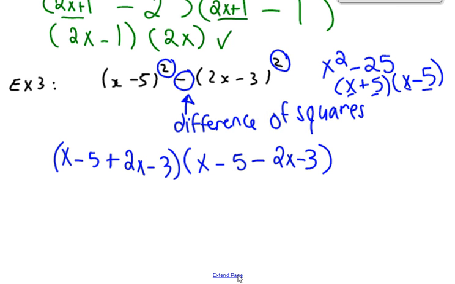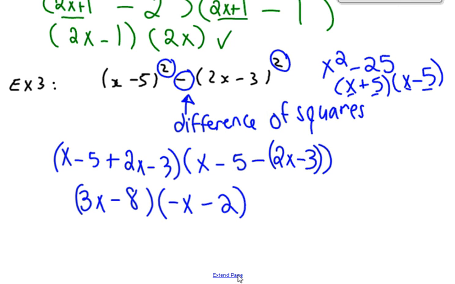Okay, and then it's just a matter of simplifying. So we've got x plus 2x gives us 3x. We have negative 5 minus 3 gives us a negative 8. We have x minus 2x gives us a negative x, and we have negative 8. Oops, we have to be careful to keep this in brackets. So we have negative 5 plus 3 gives us a negative 2.